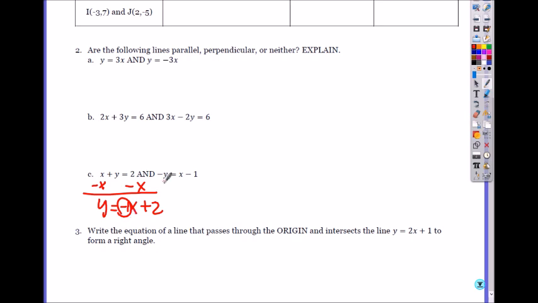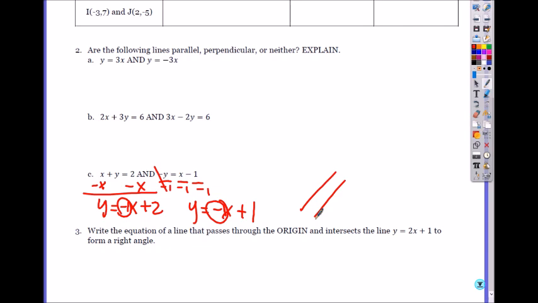What about here? You have negative y equals x minus 1, so divide by negative 1 and negative 1. So I get y equals negative x plus 1. What's the slope? Negative 1. So negative 1 is equal to negative 1, therefore they are parallel.